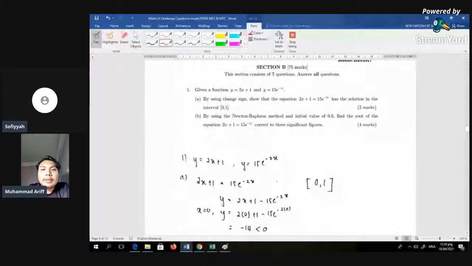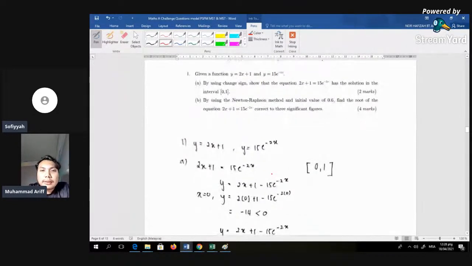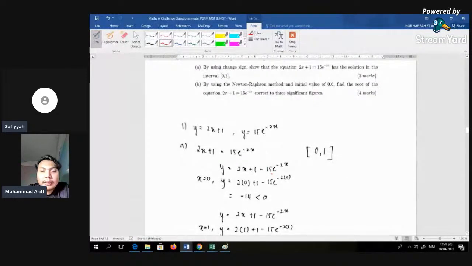So dekat sini soalan dia minta kita show dia punya change sign tu. So y sama dengan 2x tambah 1 tolak 15 E kuasa negatif 2x.